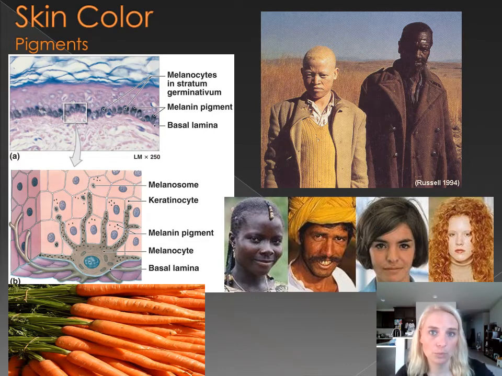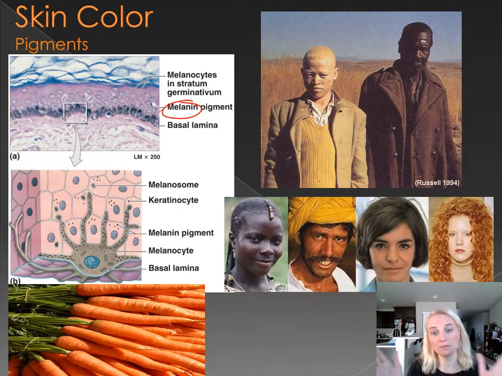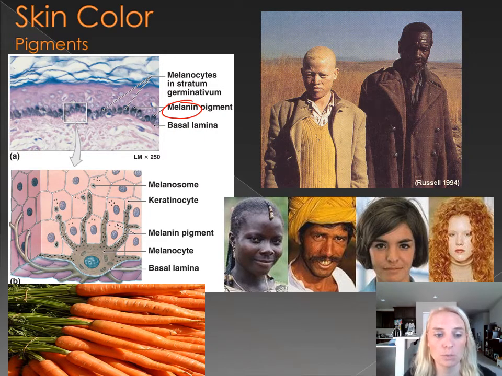The major pigment that is biologically determined is melanin. Melanin has a variety of colors depending on your genetics. It can be dark brownish black, it can be lighter brown, it can be reddish, it can be orangish. That gives us the gradient of skin tones that we see.